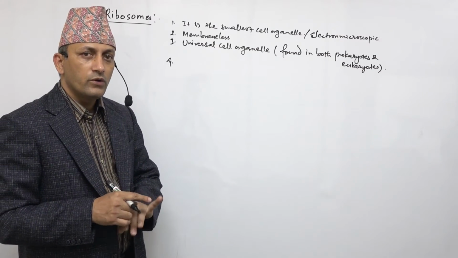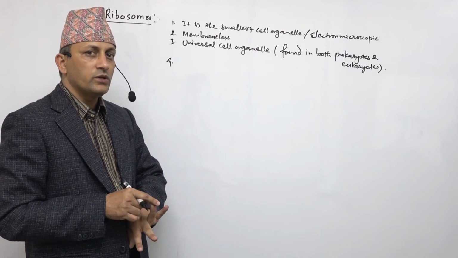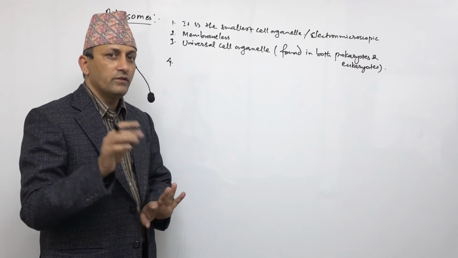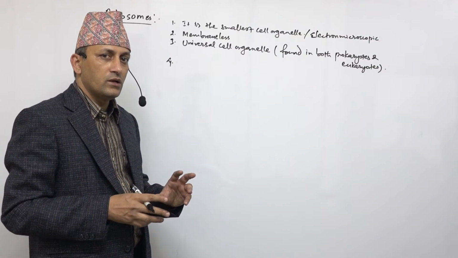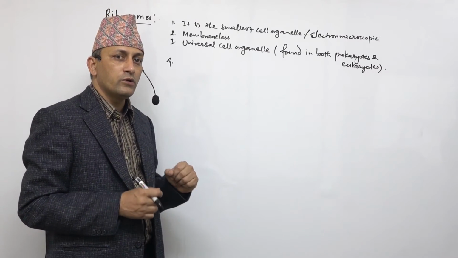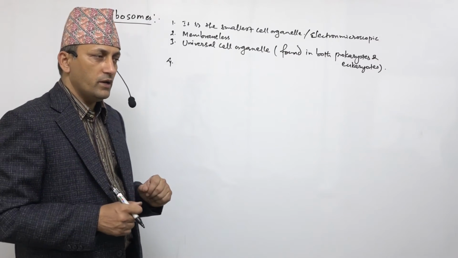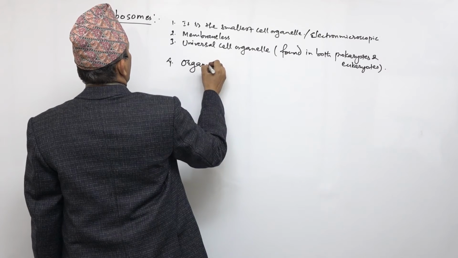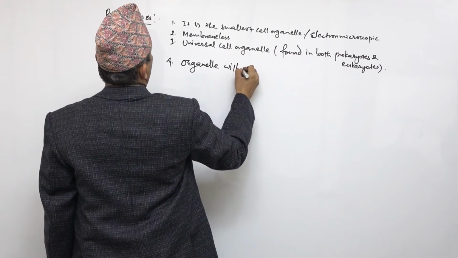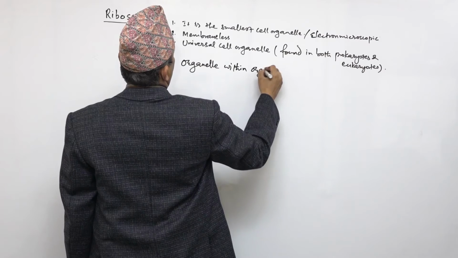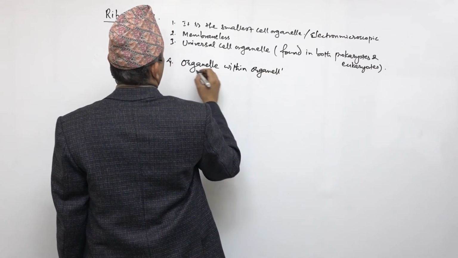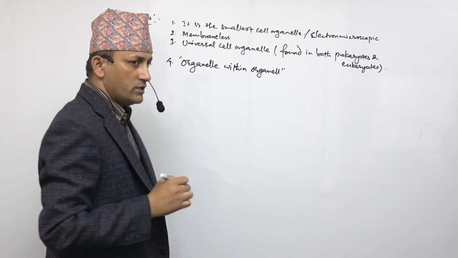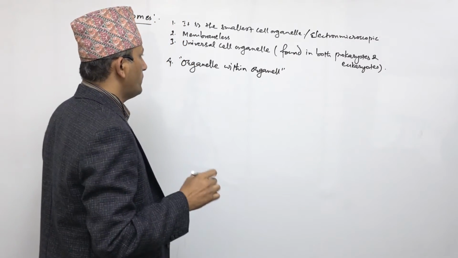Like within mitochondria or chloroplast, if you see the internal structure of mitochondria and chloroplast, then you can see ribosomes of 70S type. It is also found within the other cell organelles like mitochondria and chloroplast, but also found in the cytoplasm. So it is called organelle within organelles.